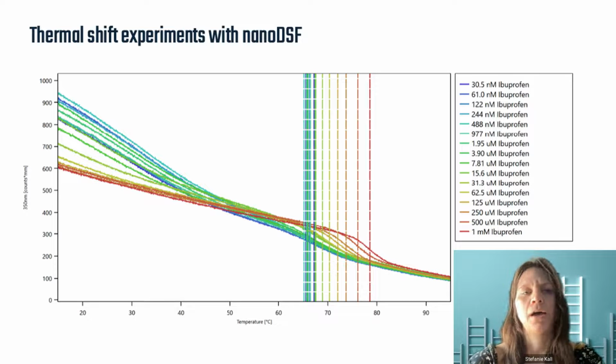So then my next question is about throughput. What is the throughput of nanoDSF? Throughput is going to vary by the instrument setup that you have. So I will explain a couple different options. With the Prometheus Panta, if you prefer to load individual capillaries, you can load anywhere from 1 to 48 single capillaries in a single run.